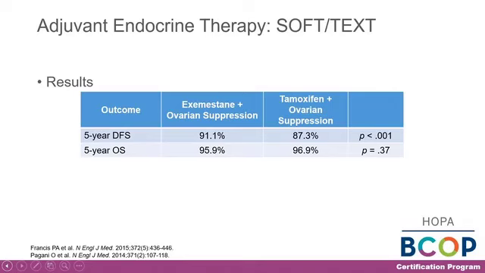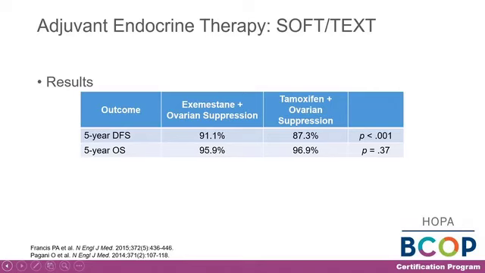And then overall survival was in the low 90s percentile, and not much difference between all 3 groups, but there was a statistically significant difference between patients who received tamoxifen alone and tamoxifen plus ovarian suppression with regards to overall survival.